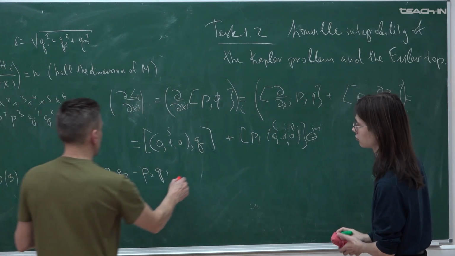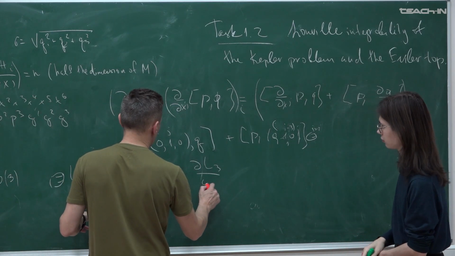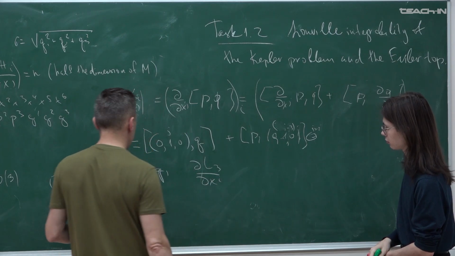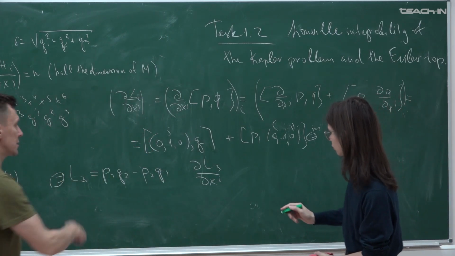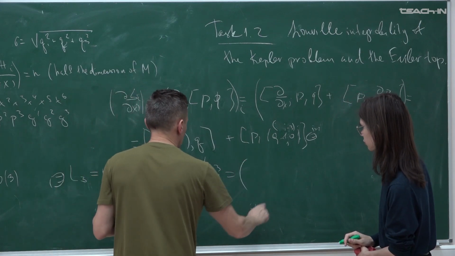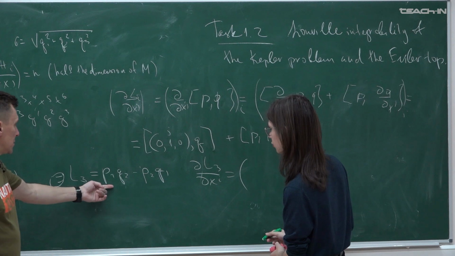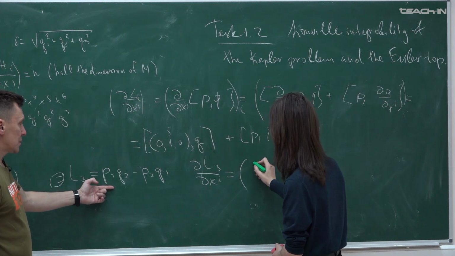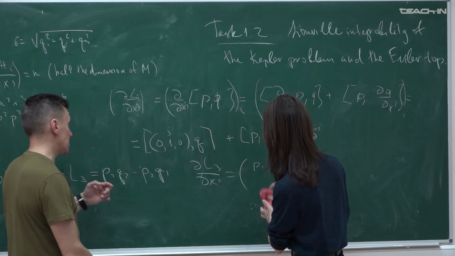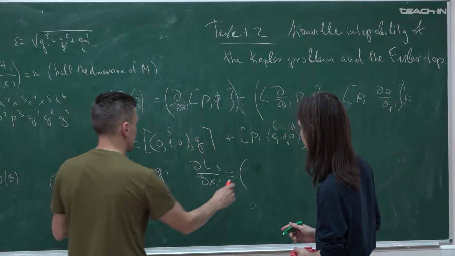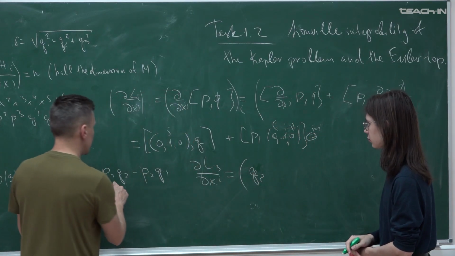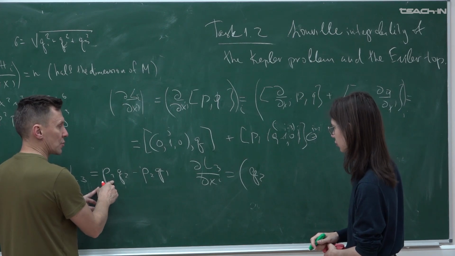What is dL3 over dx_i? It's a vector. Just one on the first place. No, I think it's q2 when you differentiate with respect to the first coordinate.